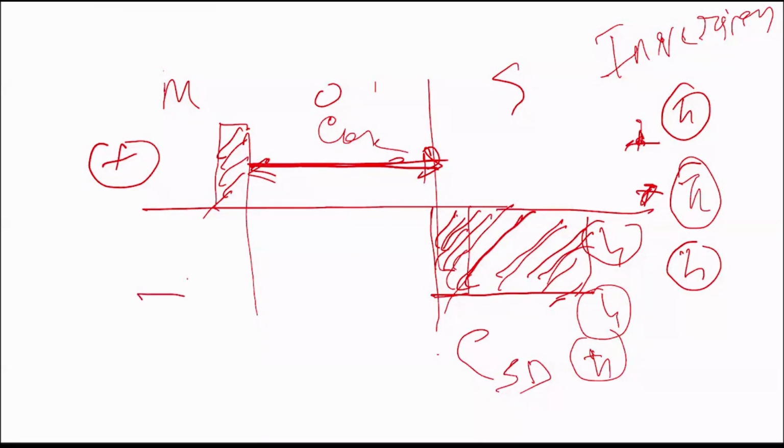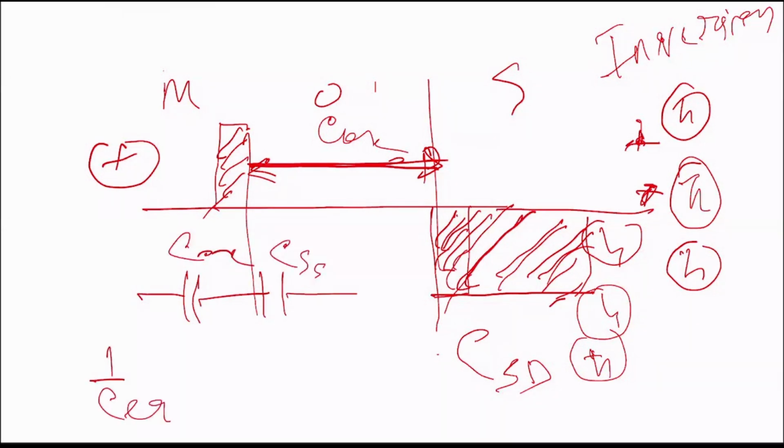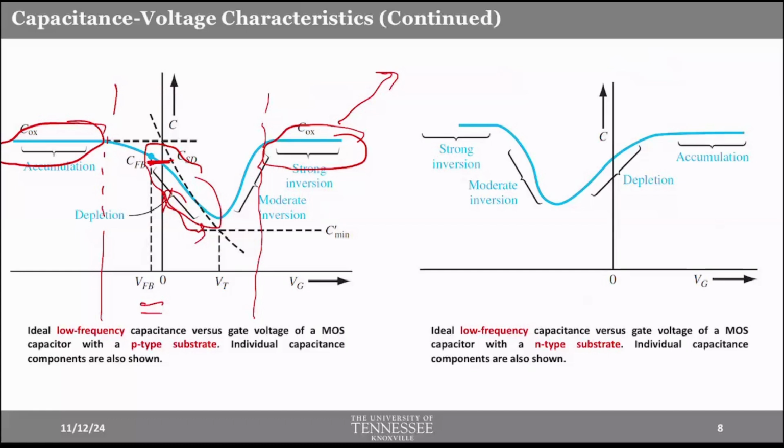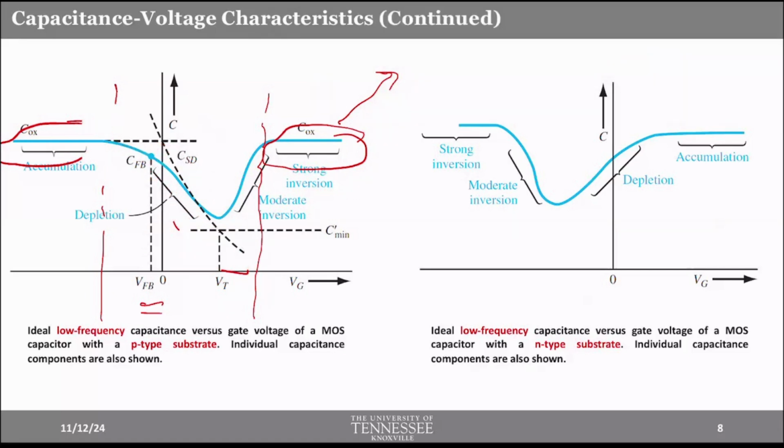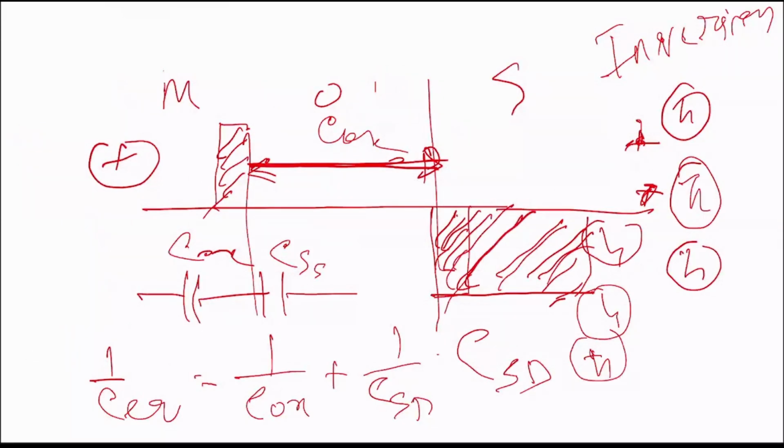So if there are two capacitors in series, what happens? We can say the total capacitance is 1 by COX plus 1 by CSD, right? So the total capacitance begins to decrease. That's what actually happens here. So in this region, we are dealing with two capacitors: one is the oxide capacitor and another one is the depletion capacitor, CSD.